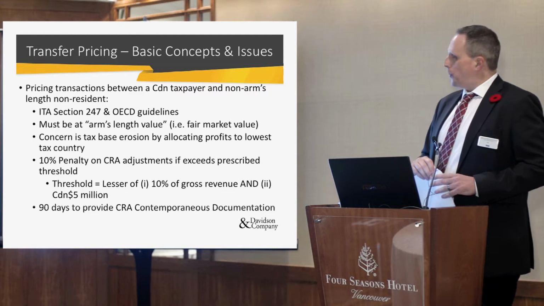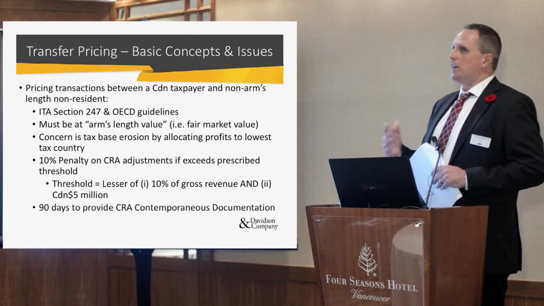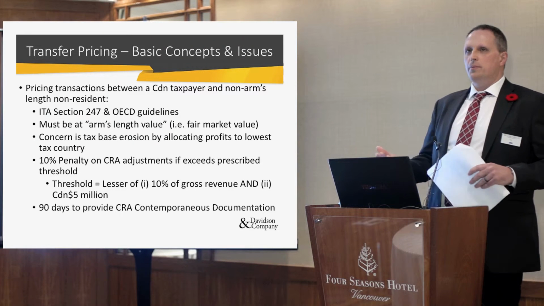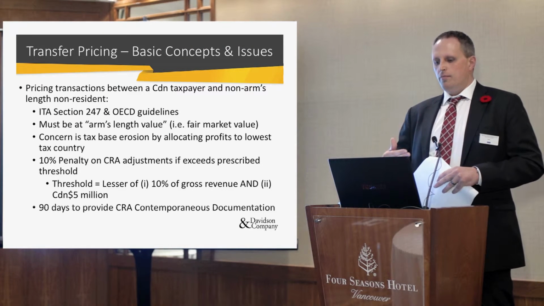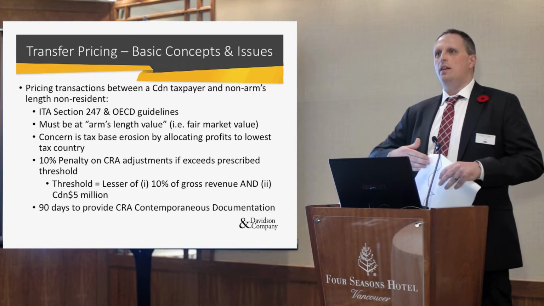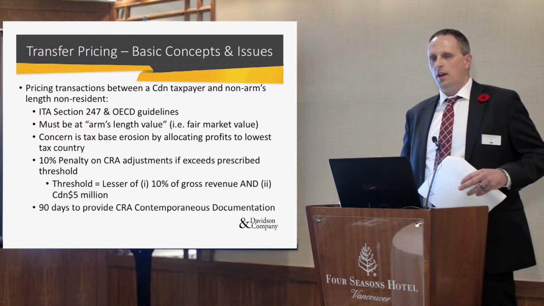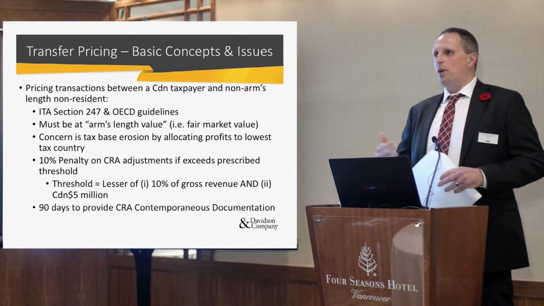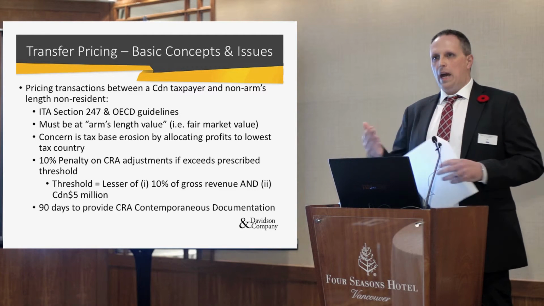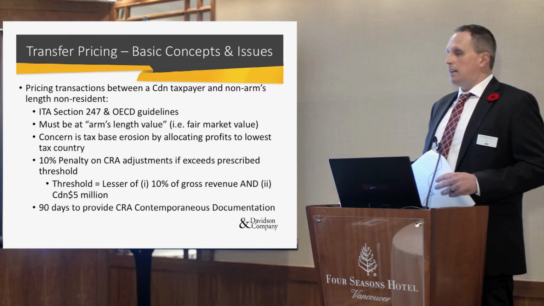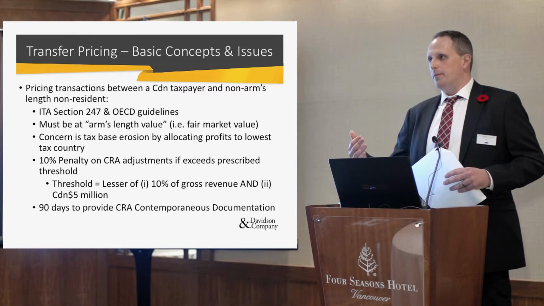So the third topic, transfer pricing. Basically the concept here is that when you have non-arm's length parties in different countries that are transacting with one another, you can easily manipulate the price of goods being passed back and forth. And in doing so, you're going to affect the taxable income in each jurisdiction.